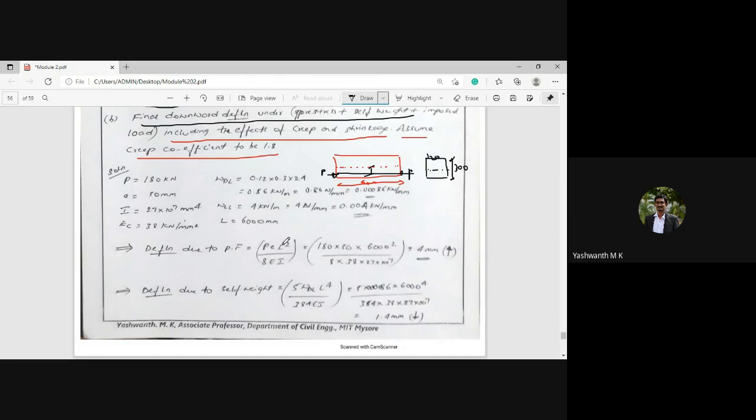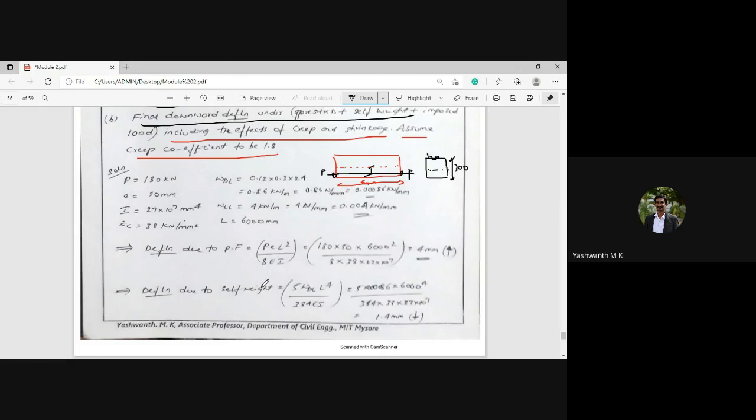Is it clear? Let me substitute. P is 180 kilonewton into eccentricity 50, length 6000 square, divided by 8 into 38 kilonewton per millimeter square into moment of inertia 27 into 10 to the power of 7. The answer will be 4 millimeter, which will be upward deflection, that is an upward arrow mark.